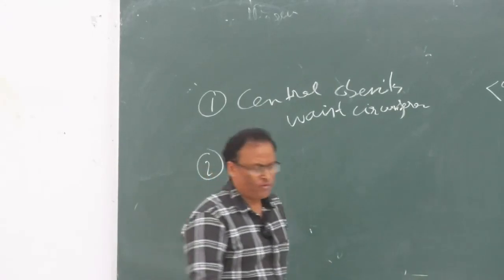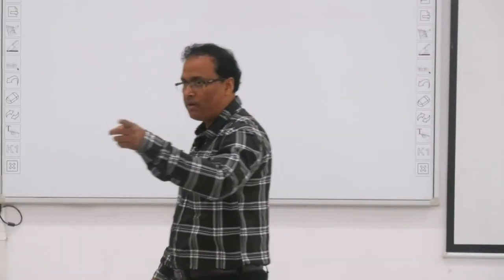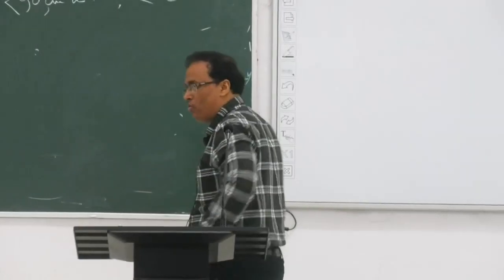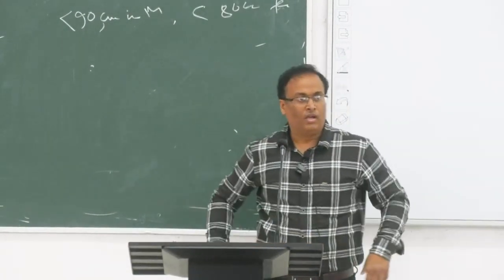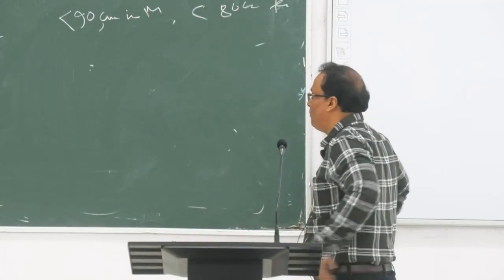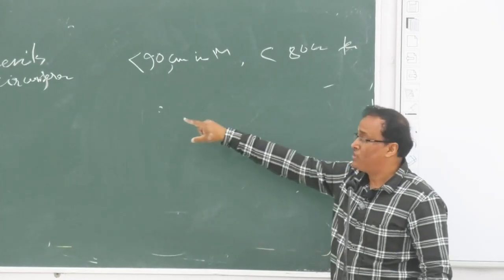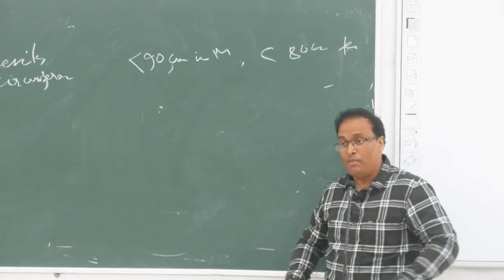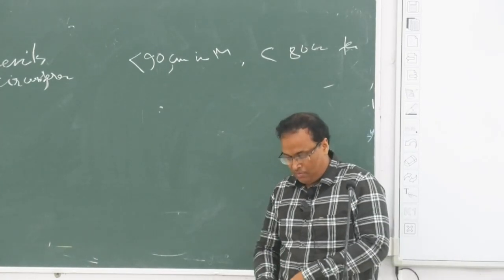I will highlight a formula for you. You can take it easily in your hostel, that is the height. Everyone can measure height. Now, with a ribbon, see your waist circumference, how many centimeters at the level of the umbilicus.